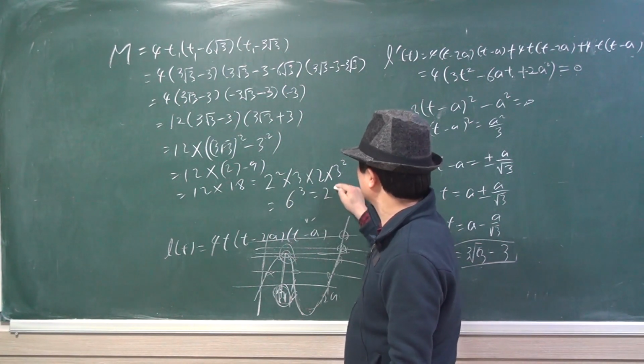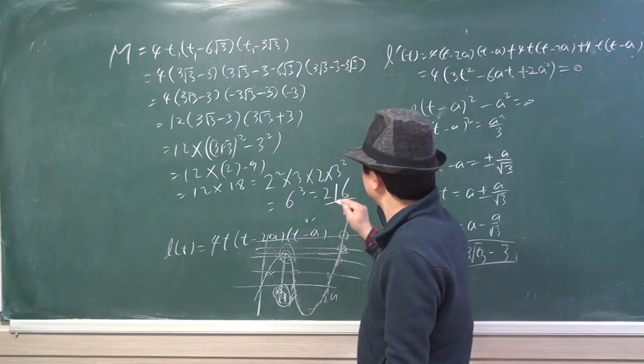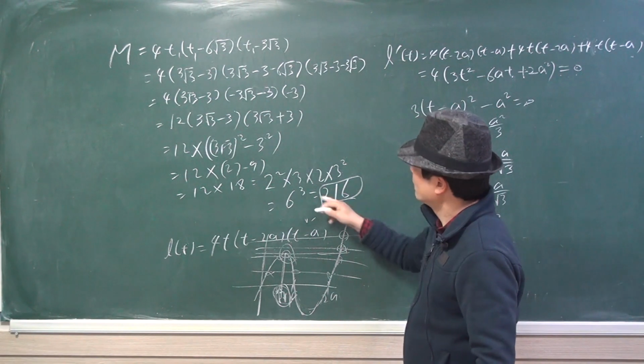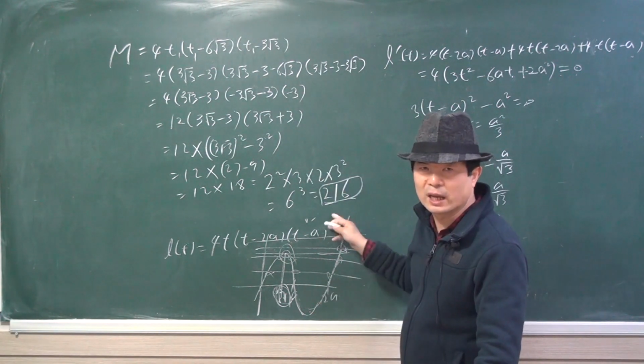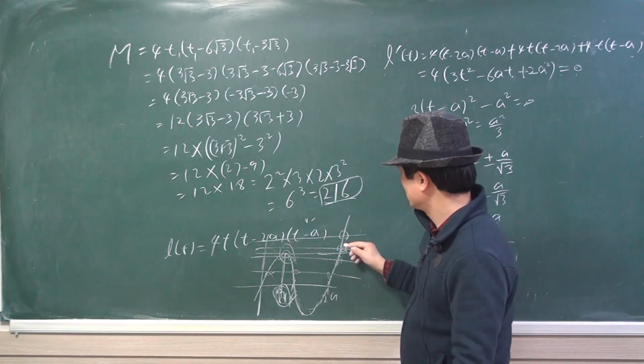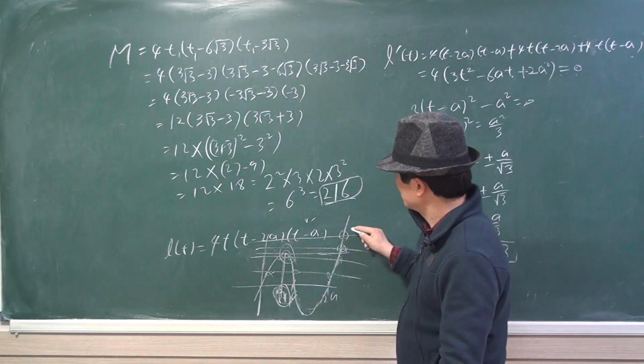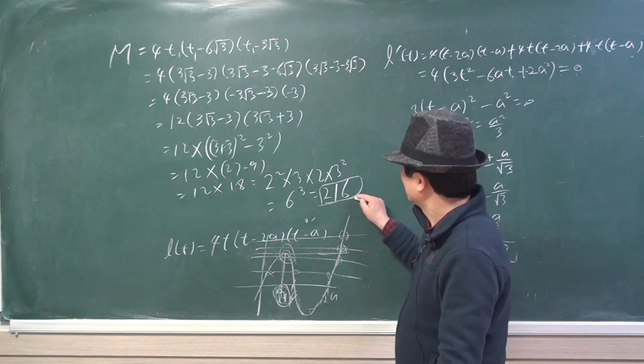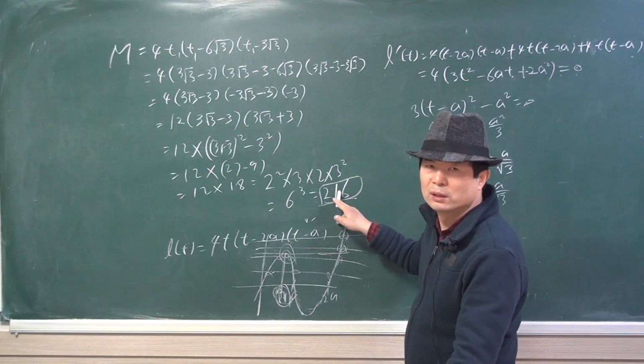So it is 216. And it's the value of m. And it's the answer. It means it can be bigger or equal to 216.